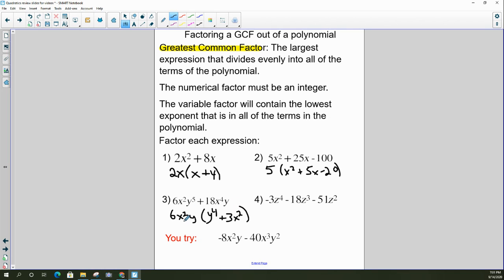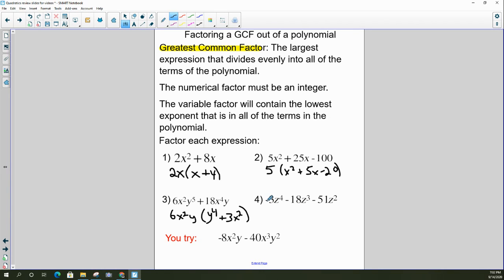polynomial in factored form. All right, and now number 4, I have a negative 3z to the 4th minus 18z cubed minus 51z squared. Best practice in math is when your leading coefficient is negative and you can factor out a GCF, you normally factor out a negative GCF to turn that leading coefficient positive.